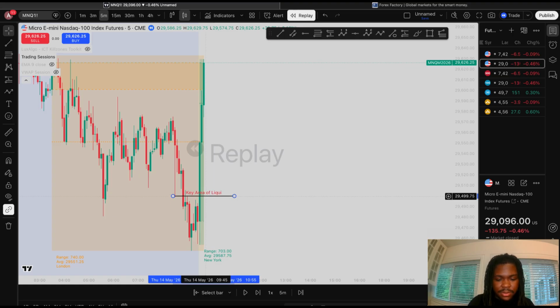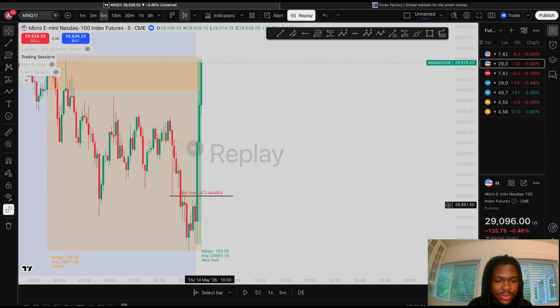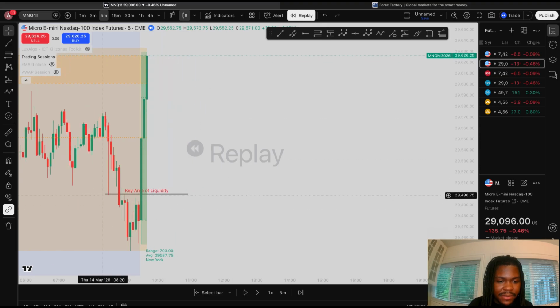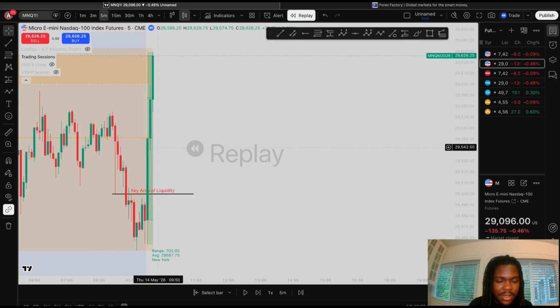Nine times out of ten, once price sweeps this area, or goes below this area and takes it out, it's going to reverse to the upside, which we see happen here pretty perfectly, and it's a pretty big move off market open. So that's one example of that.